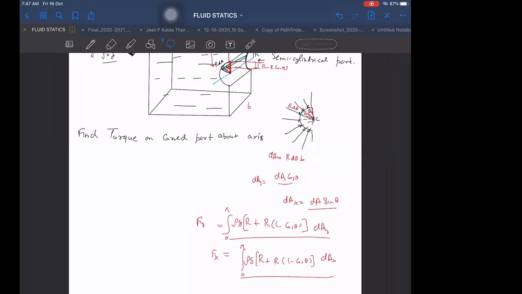I will tell you after that one trick by which we can do it orally. But the oral method will not always work. That will work only in this particular case, because here rho is varying just linearly with depth.